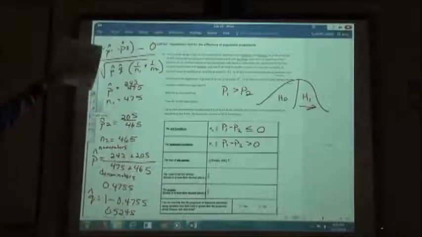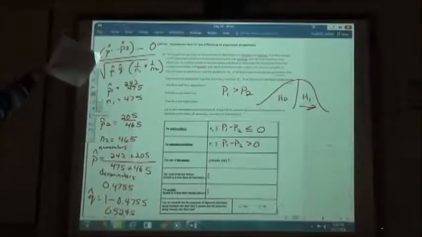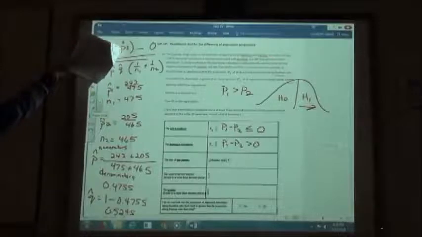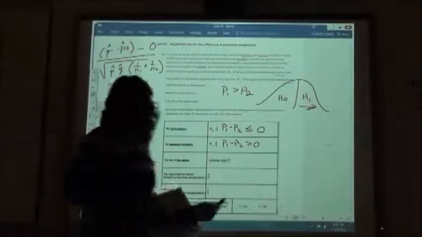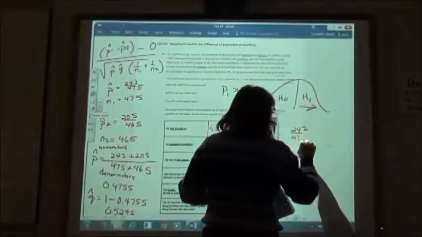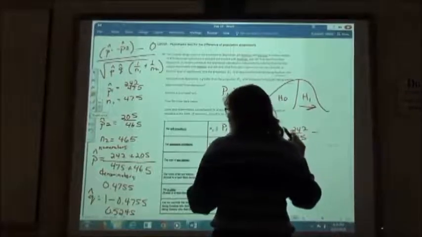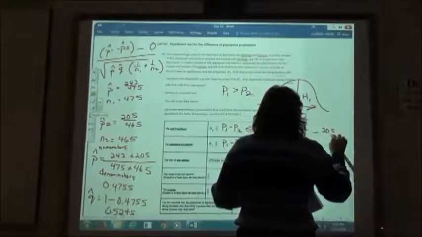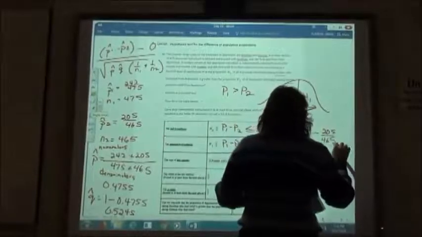Now we can go to our formula. We're going to do P hat 1 minus P hat 2, so 242 over 475 minus 205 over 465.